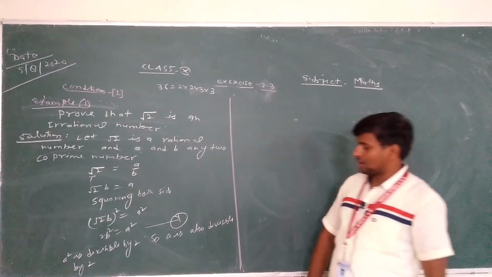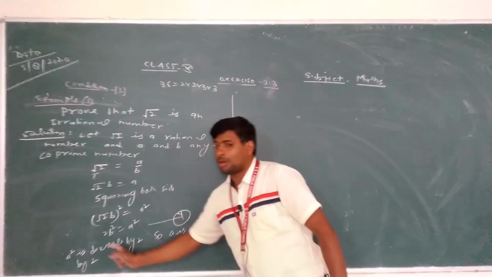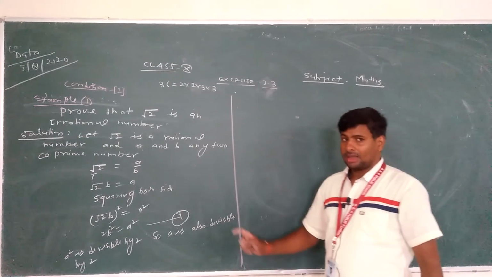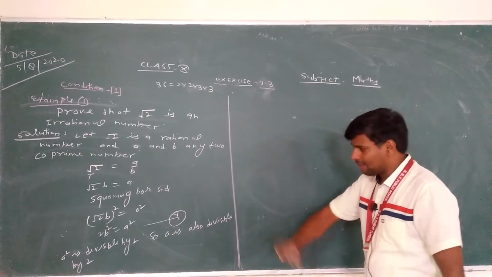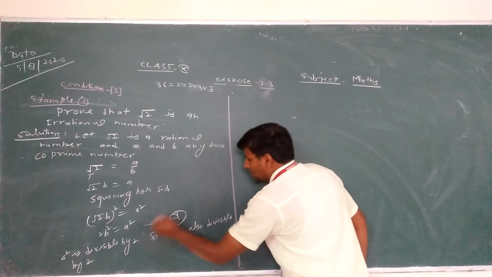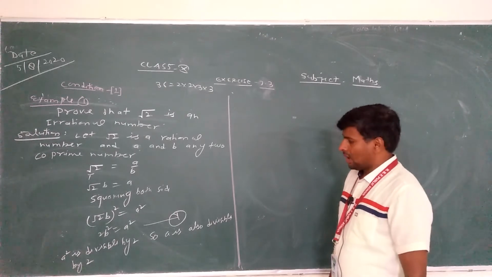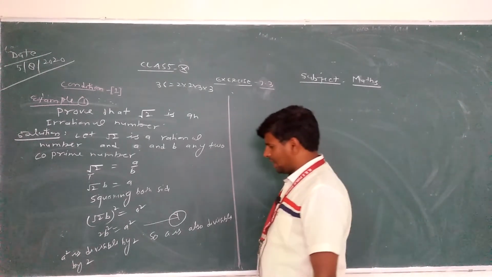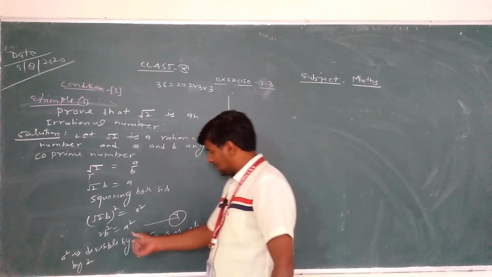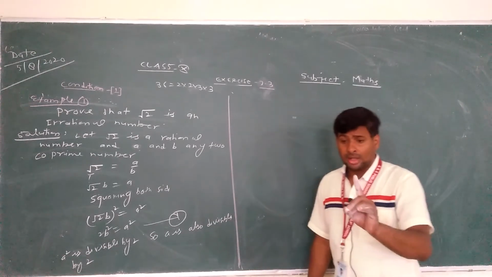By theorem 2.3, all of you know that if a square is divisible by any prime number p, then a is also divisible by that prime number p. That's clear? It means a is also divisible by 2.